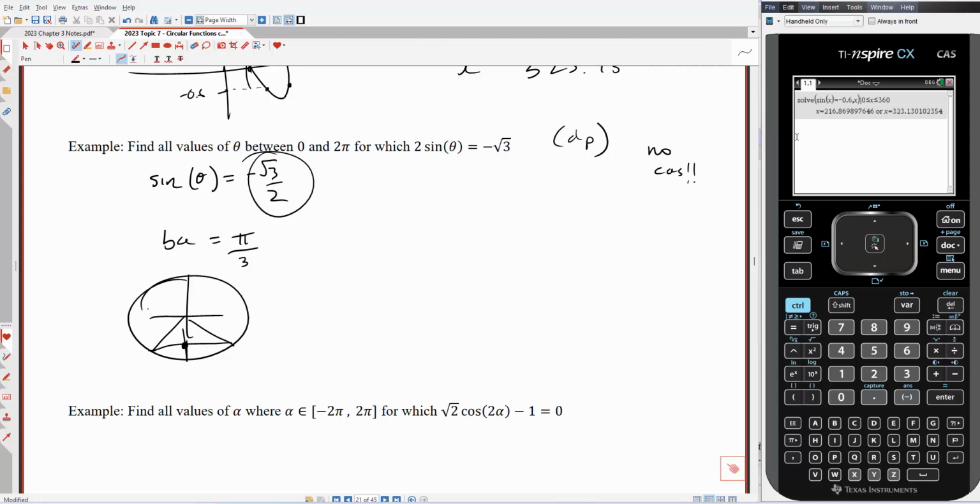It's going to be 3 pi on 3, 4 pi on 3 right there, 5 pi on 3 there, and here we're back to 6 pi on 3 or 2 pi. Okay, so these are our two times where sine produces this negative root 3 on 2 value. So the way we're going to answer this question, if we're solving for theta, is theta equals 4 pi on 3 and 5 pi on 3.